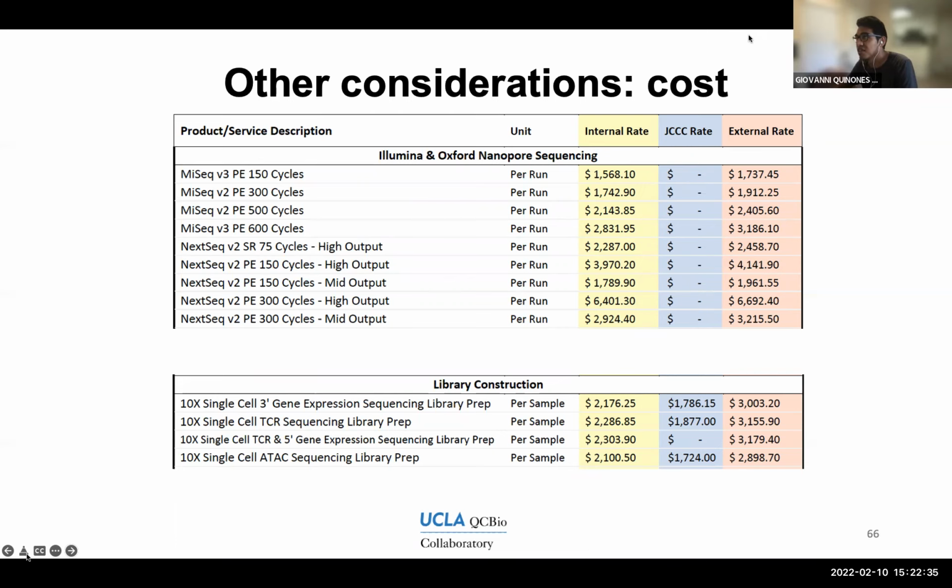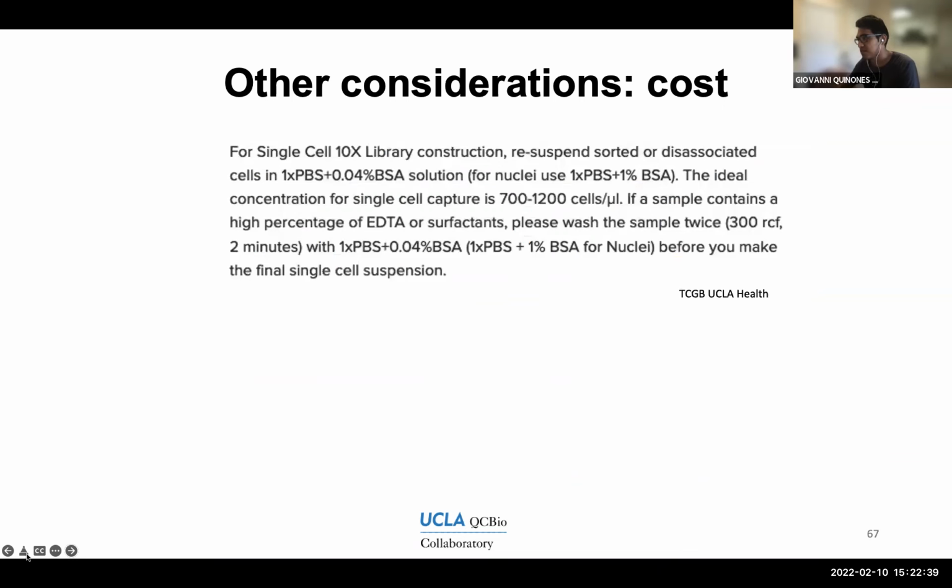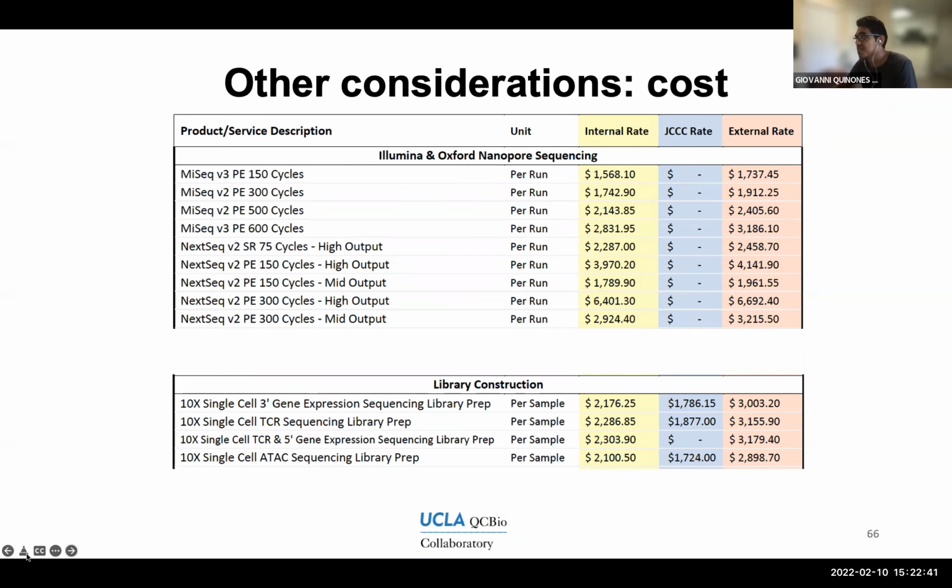Here at UCLA, we have our facility that will perform library preparation and sequencing. And here's a list of their costs for different sequencing technologies and for different library constructions. The type of data that we were working with is 10x single cell 3' gene expression.